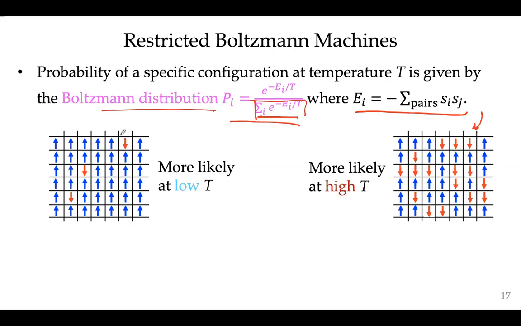So this configuration is more likely at low temperature because it's magnetized. There's only a tiny amount of randomization, it's almost ordered. And this configuration is more likely at high temperature. And how do you know that? You can calculate it from this Boltzmann distribution.